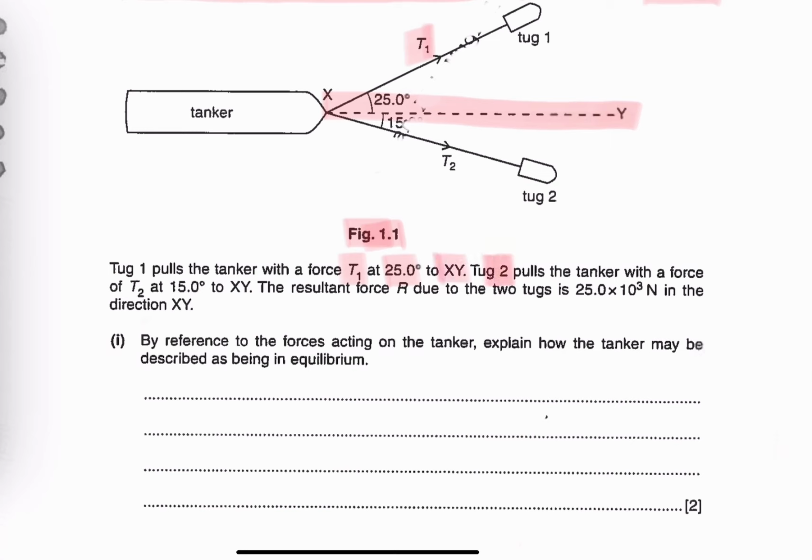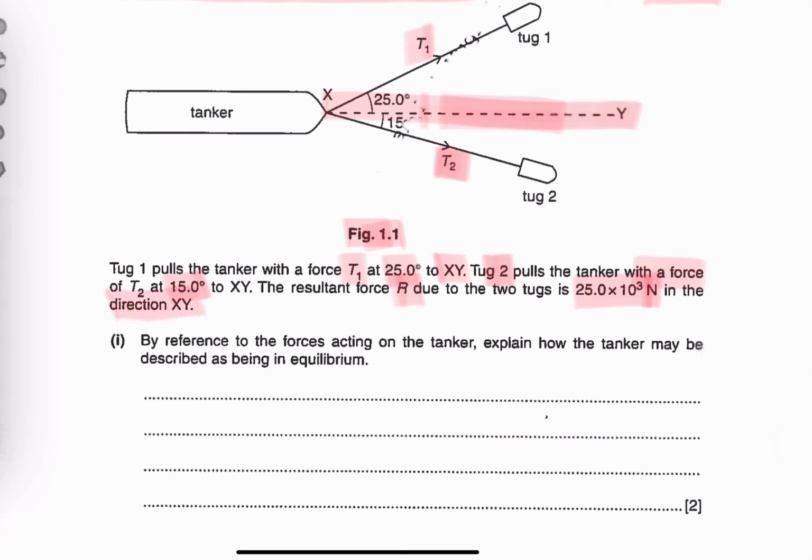Tug 2 pulls the tanker at 15 degrees, this is tug 2. The resultant force R due to the two tugs is 25 times 10 to the power 3 newtons. Okay, so this is the resultant force in the middle, that is also given, in the xy direction.